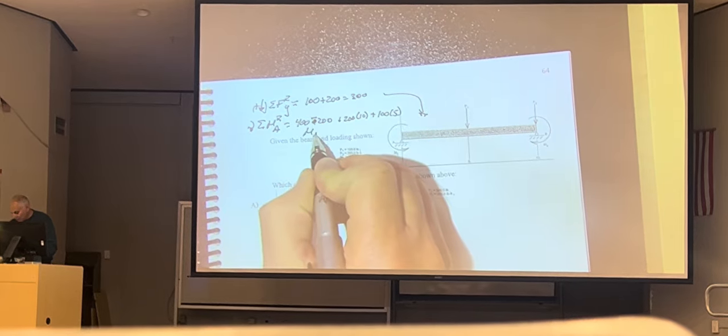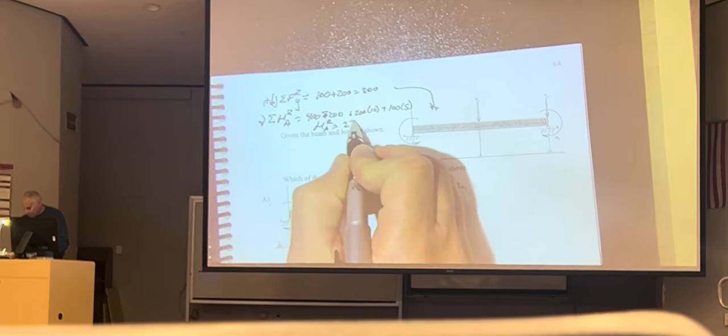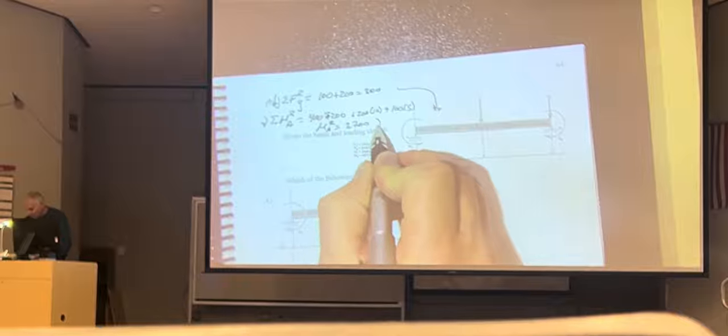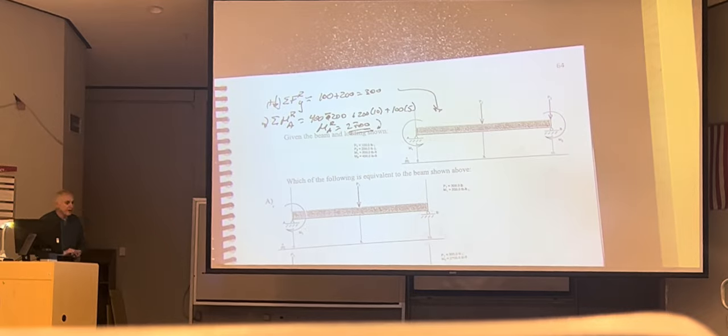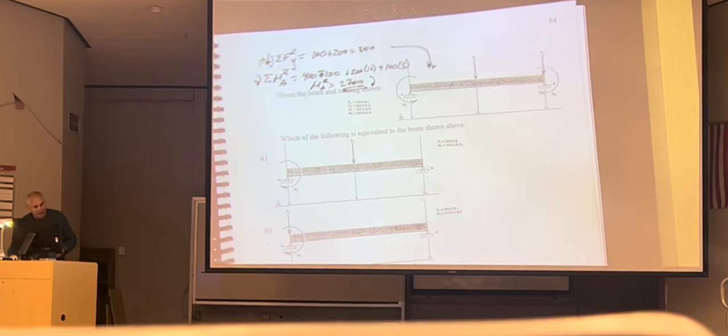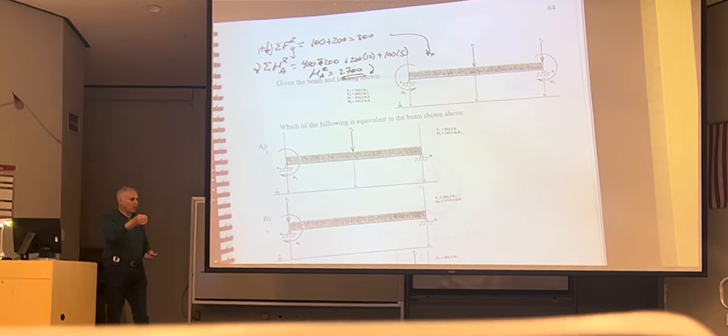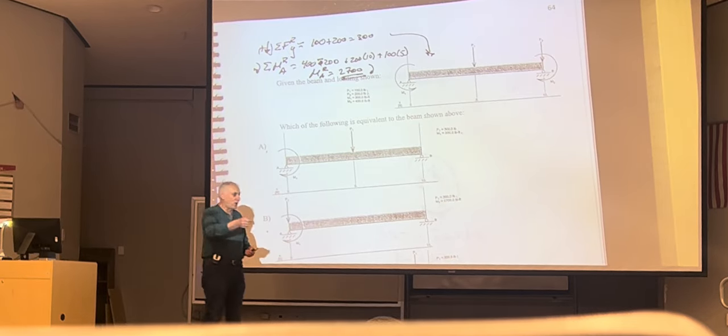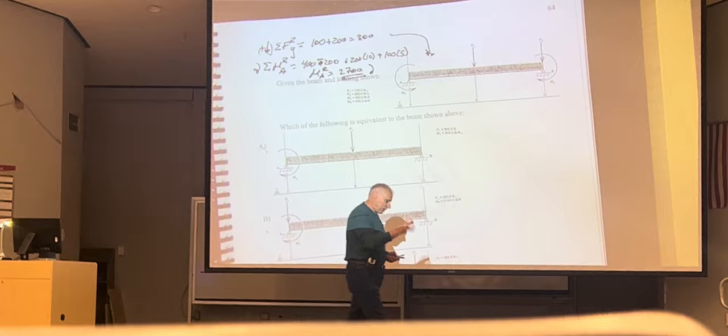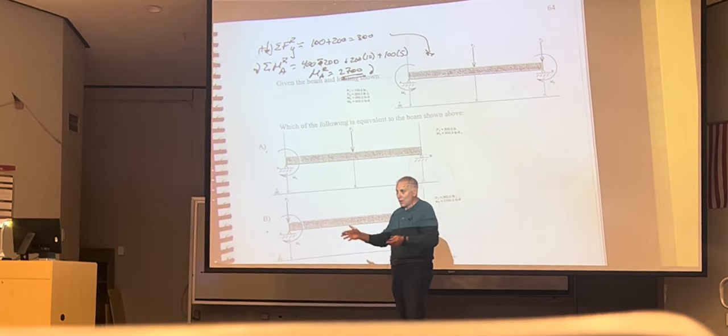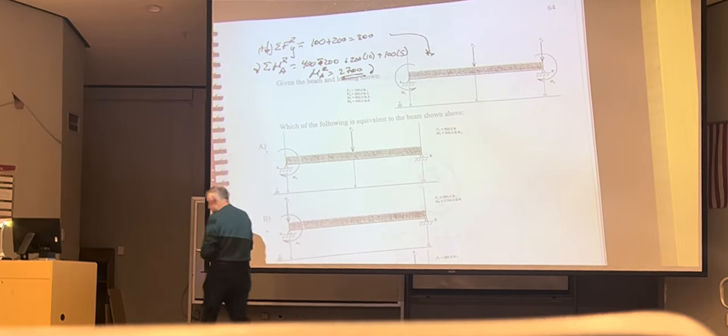The single moment A resultant is 2700 clockwise. Now, anything in A through E that creates a single force of 300 down and 2700 clockwise is going to be equivalent. So let's see.